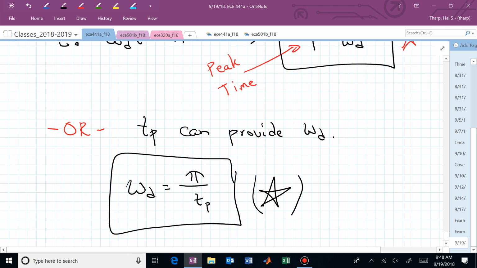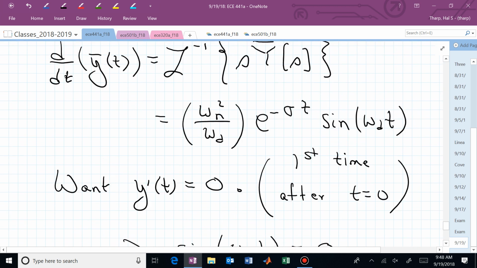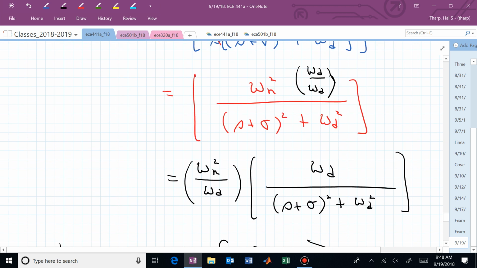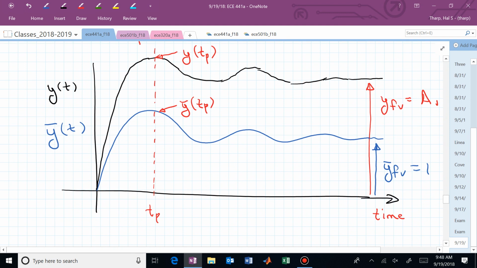Now, if the time to peak is pi over omega sub d, now we know what t sub p equals. If we can find an expression for y bar, we now know what t sub p is.